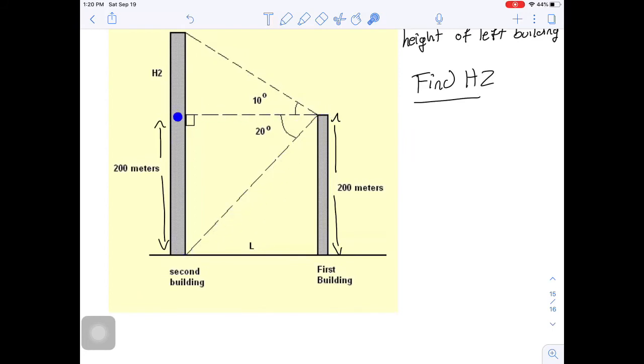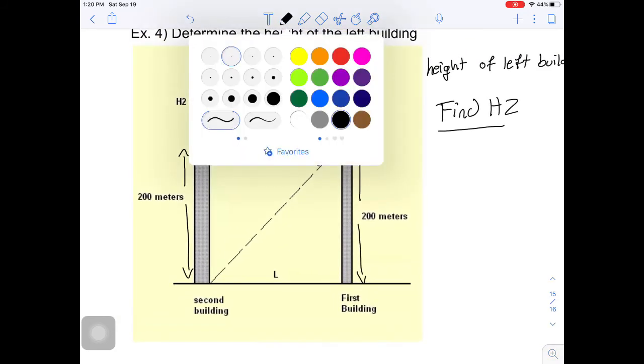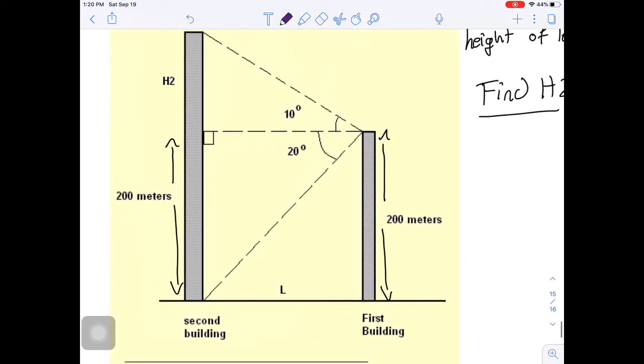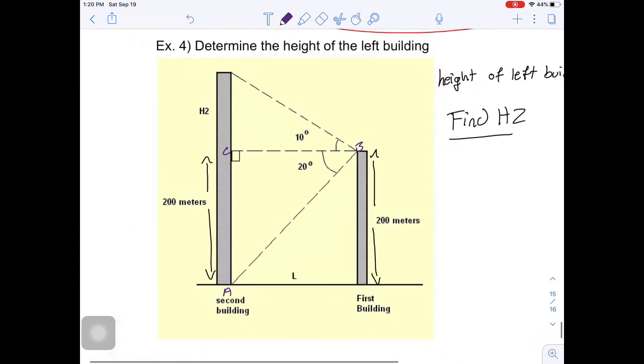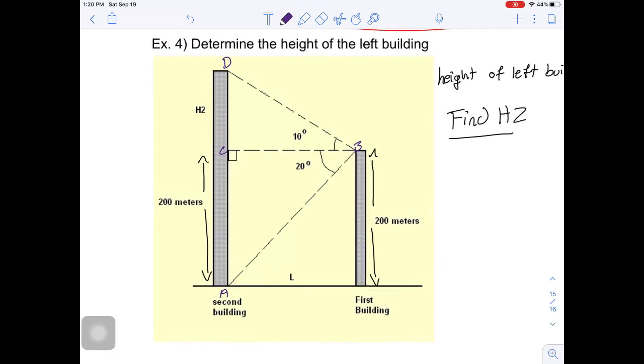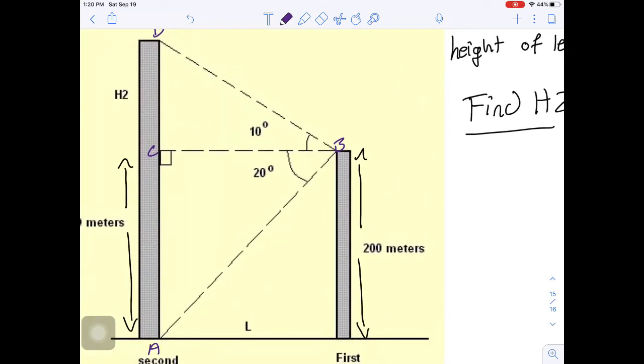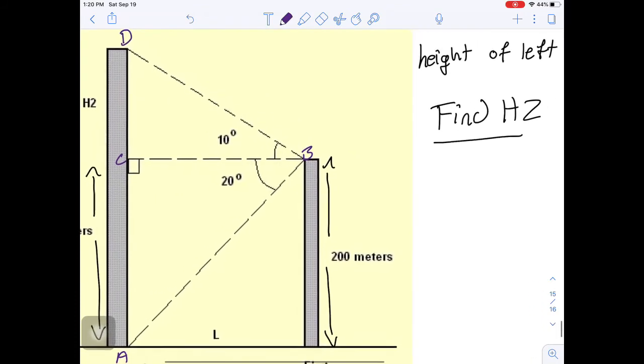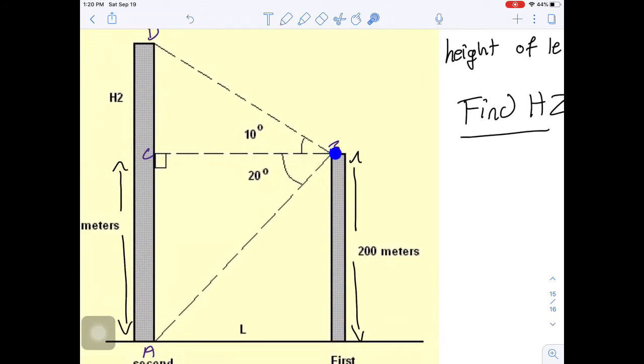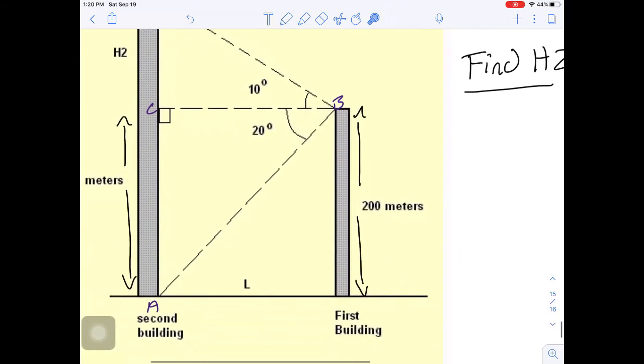Shared side lengths can be really useful, okay? So I'm going to put little values onto this. I'm going to make this A, B, C, and I'm going to represent this as D up there. If I can find C to B, I can use that to find H2.